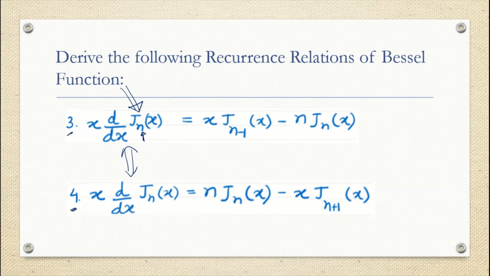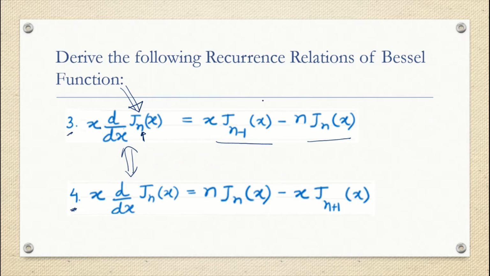If I take the derivative of J_n(x) and multiply it with x, in both cases we are doing the same thing, so we can get the answer in terms of two series, the subtraction of two different Bessel functions of different orders.